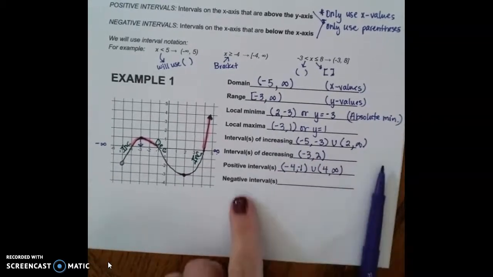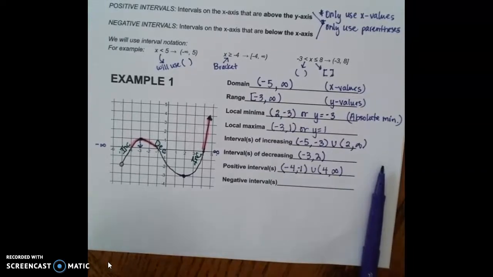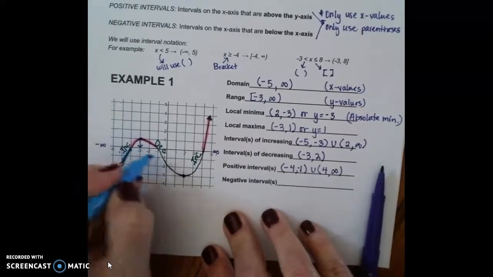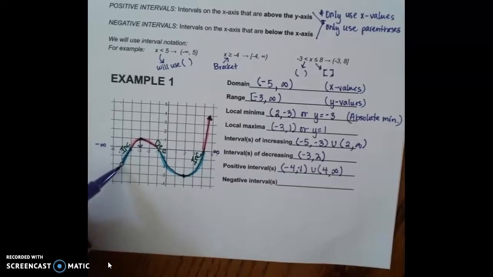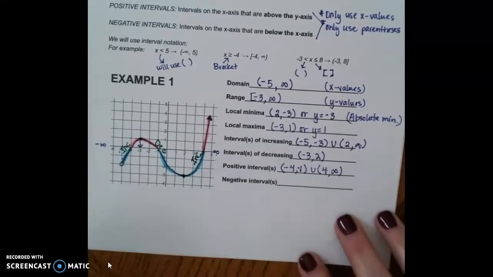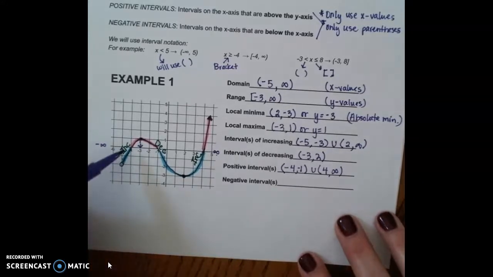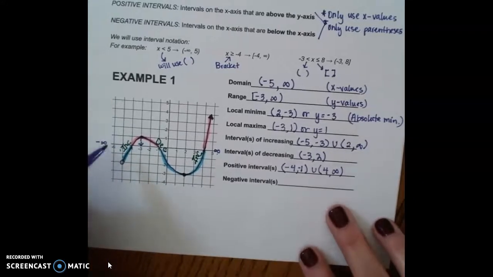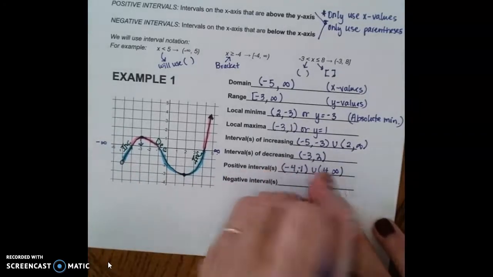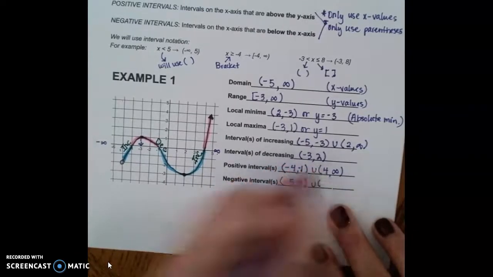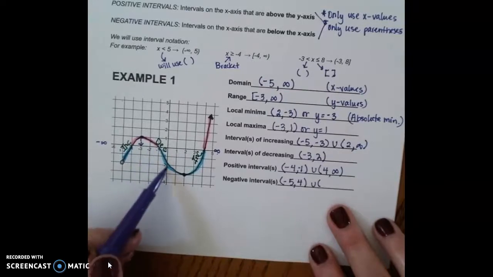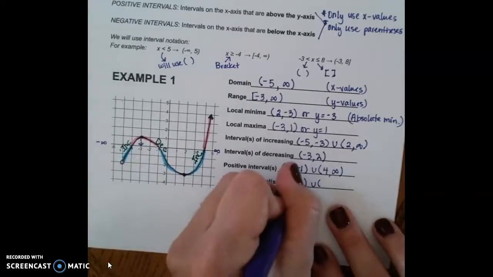Negative is going to be where is it below the x-axis? So I'll highlight that in blue, like that. So looking at x values again, I'm at -5. That's going to be -5 to -4, excuse me, this should have been -4.